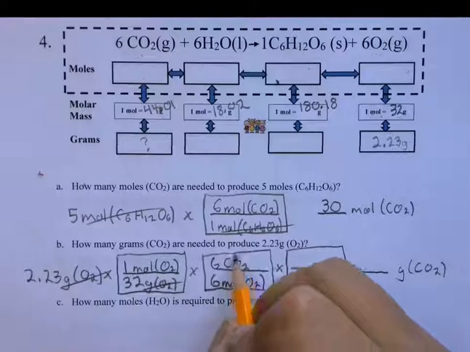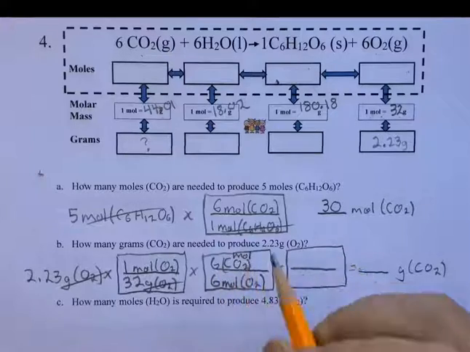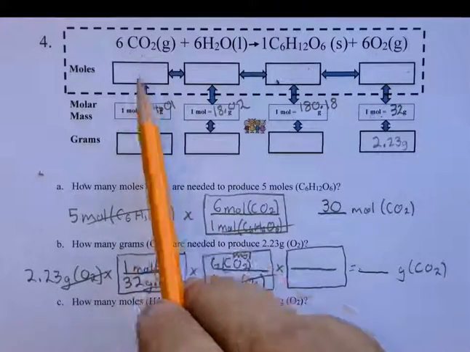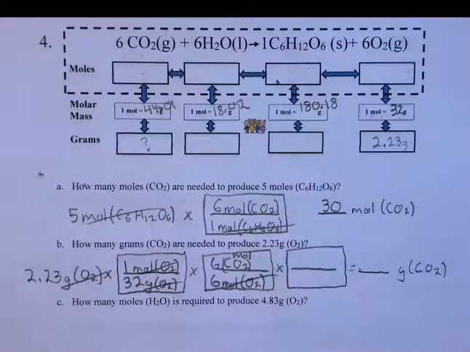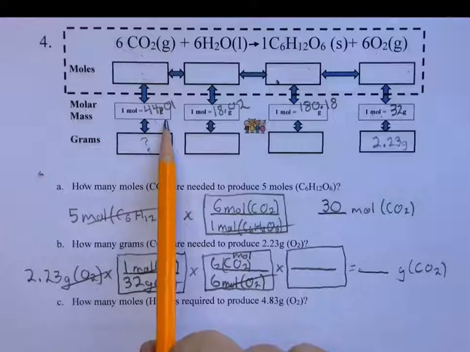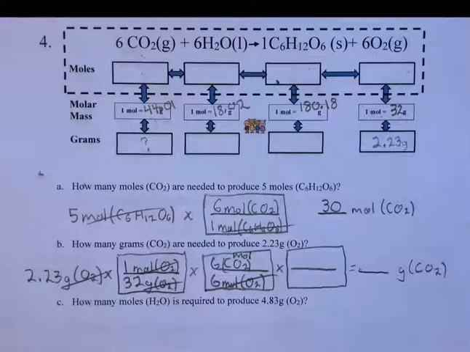And I should have written moles of CO2. Okay, so moles of O2 cancels out. And now we're sitting right here. We need to get back out to get to our final answer. So we're going to use the molar mass conversion for CO2. So there's 1 mole of CO2 for every 44.01 grams of CO2, or 44.01 grams of CO2 for every 1 mole of CO2.